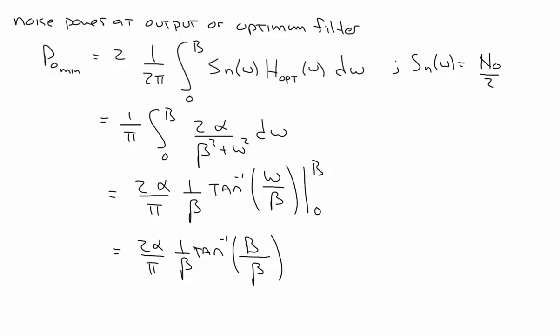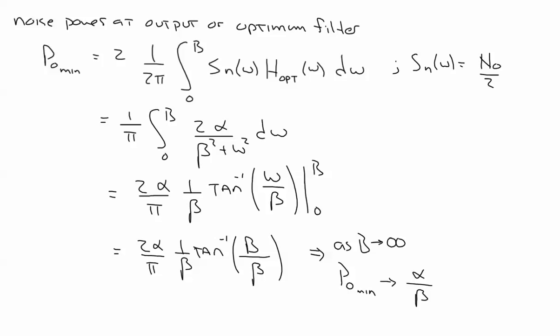And so you'll notice here what happens is that as my bandwidth B of interest approaches infinity, my arctangent function becomes pi over 2, and my output power approaches alpha over beta, which remains finite.